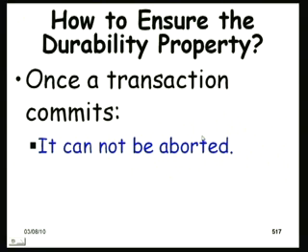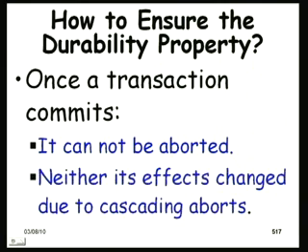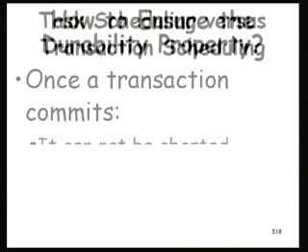So, the durability property, as we were discussing, is ensured by ensuring that once a transaction commits, it cannot be aborted, and neither can there be any effect on a complete or a committed transaction due to cascading aborts.